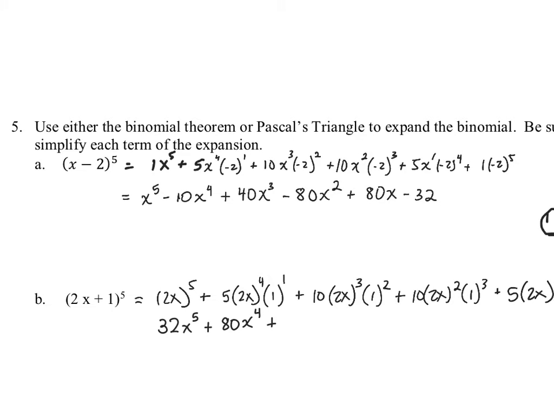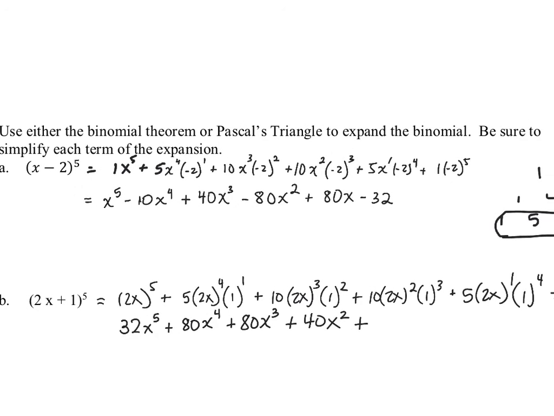Here we have 2x to the third power, which is 8. 8 times 10 is 80. Here we have 2 squared, which is 4. 4 times 10 is 40. Here we have 2. 2 times 5 is 10. So 10x, and then plus 1.